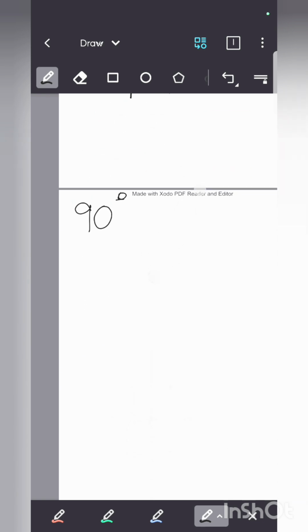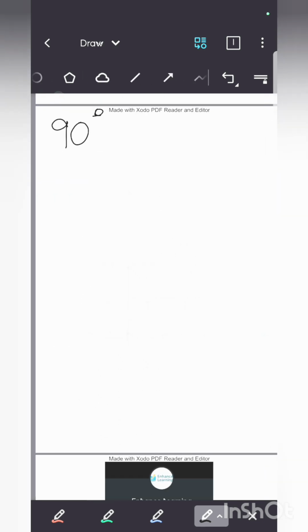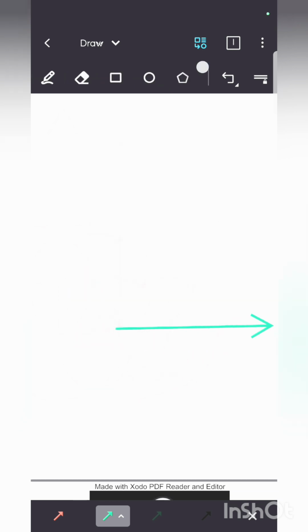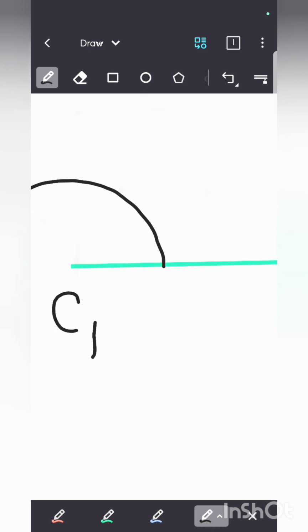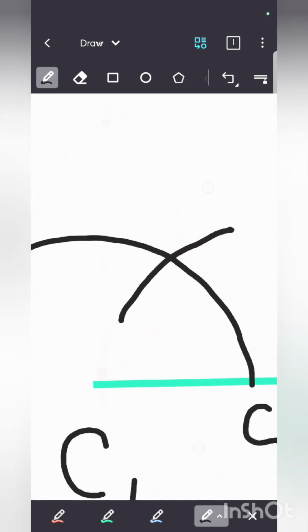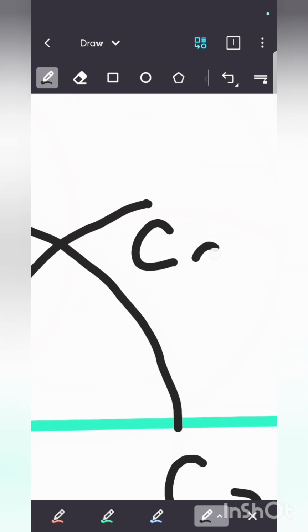Now the most important angle we have to learn, that is 90 degrees, and how we draw it. First, as previously, we take our straight line, then we point our compass tip here and cut an arc. Now we point it here and cut an arc on the first arc, then point it here, and there is a twist.